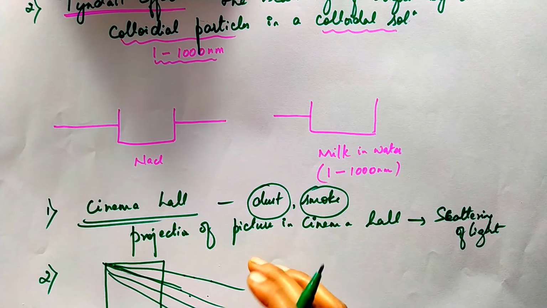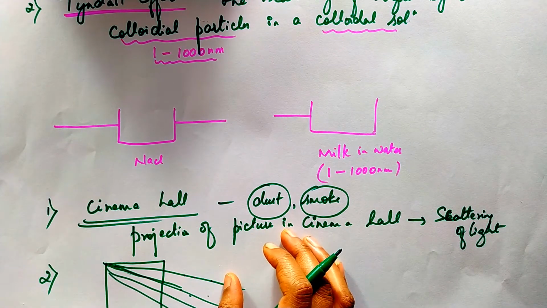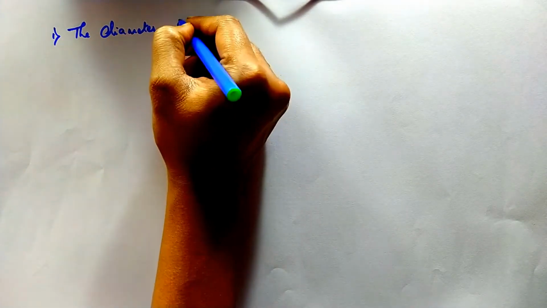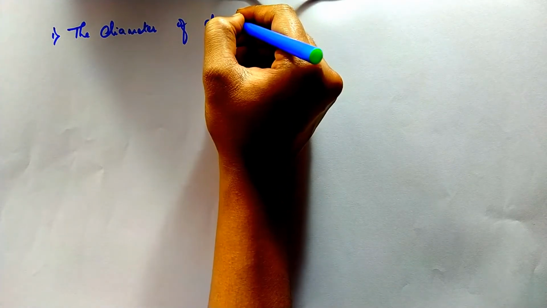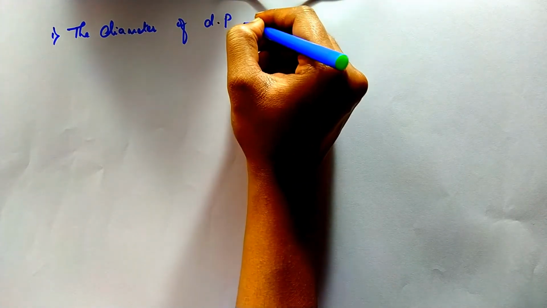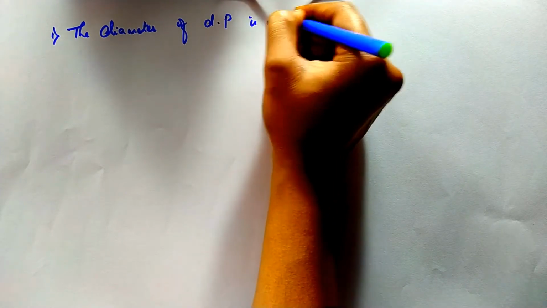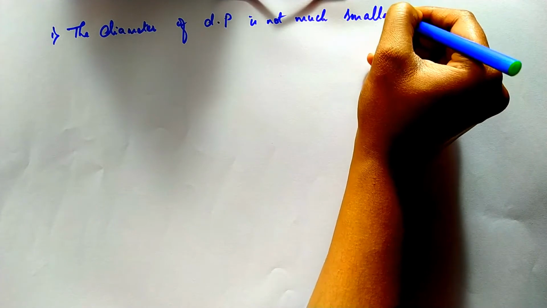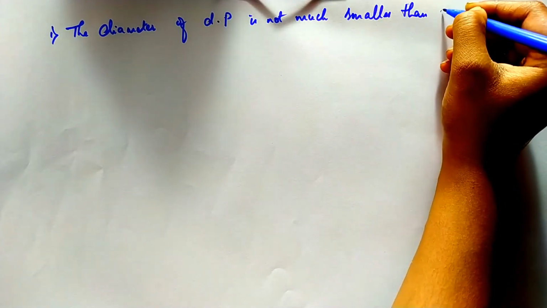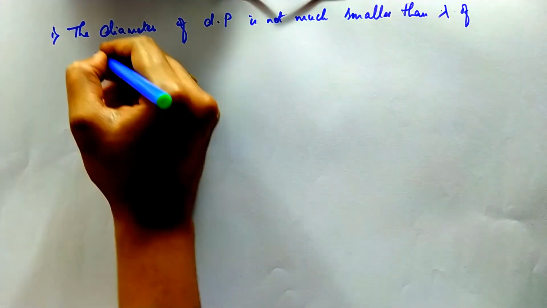Also, the Tyndall effect is observed by satisfying two conditions. Let us see what those conditions are. The first condition is that the diameter of a dispersed phase particle is not much smaller than the wavelength of light used.